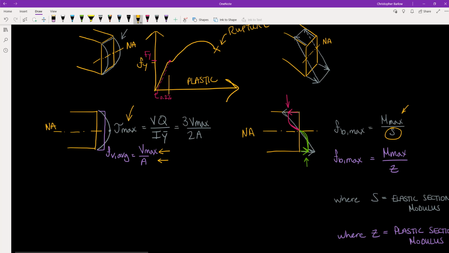A member may only see its ultimate load once very briefly in its entire lifespan, or possibly even never at all. For the vast majority of the time, structural members will remain completely in the elastic region. And therefore the actual stress profiles in the member at any given time will be elastic.